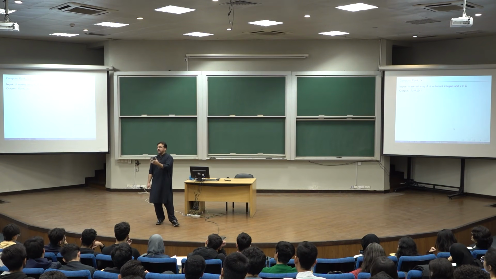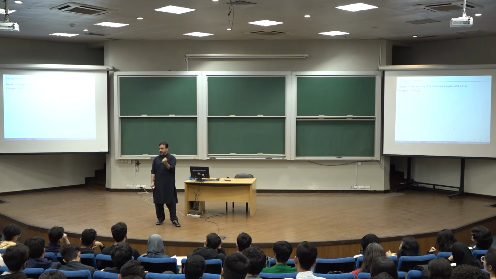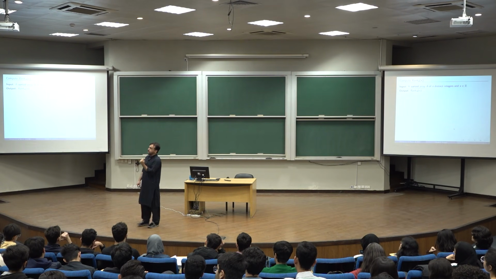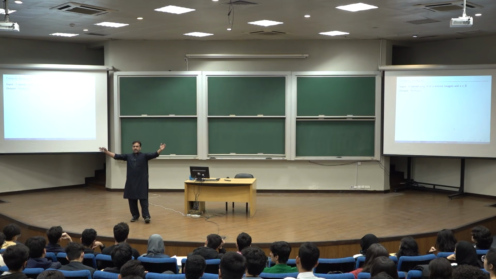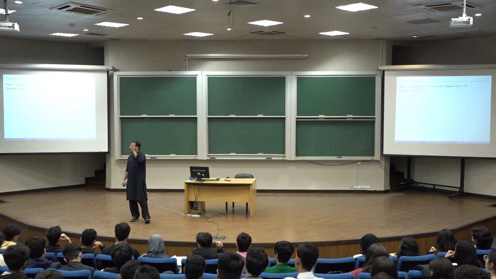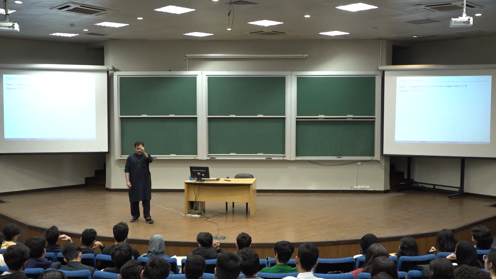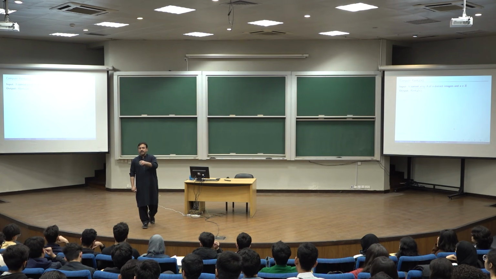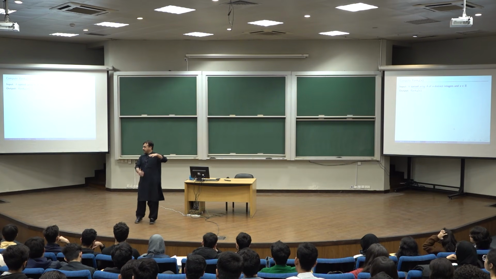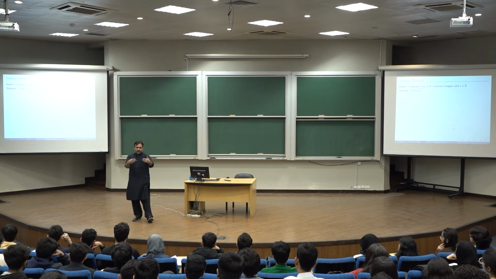If x is in the sorted array, if x is at index 10, what is the rank of x in A? So A is sorted numbers, x is part of A at index 10. Then what will be the rank of x in A? 9. The previous 9 numbers were smaller than x, right? So the rank of x.